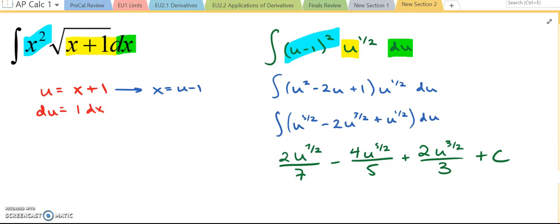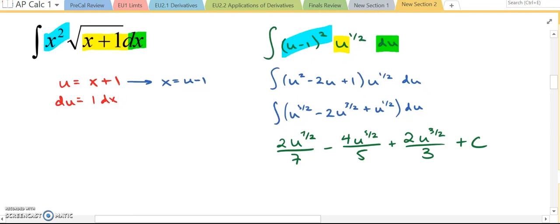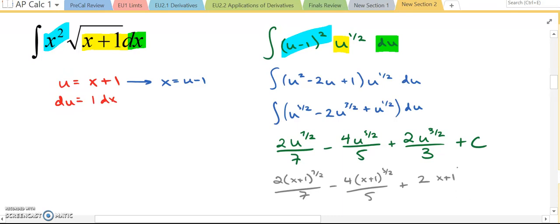Final step is plug back in the x plus 1 for all of those u values that we were given in our last step. 2 times x plus 1 to the 7 halves over 7 minus 4 times x plus 1 to the 5 halves over 5 plus 2 times x plus 1 to the 3 halves over 3 plus c.